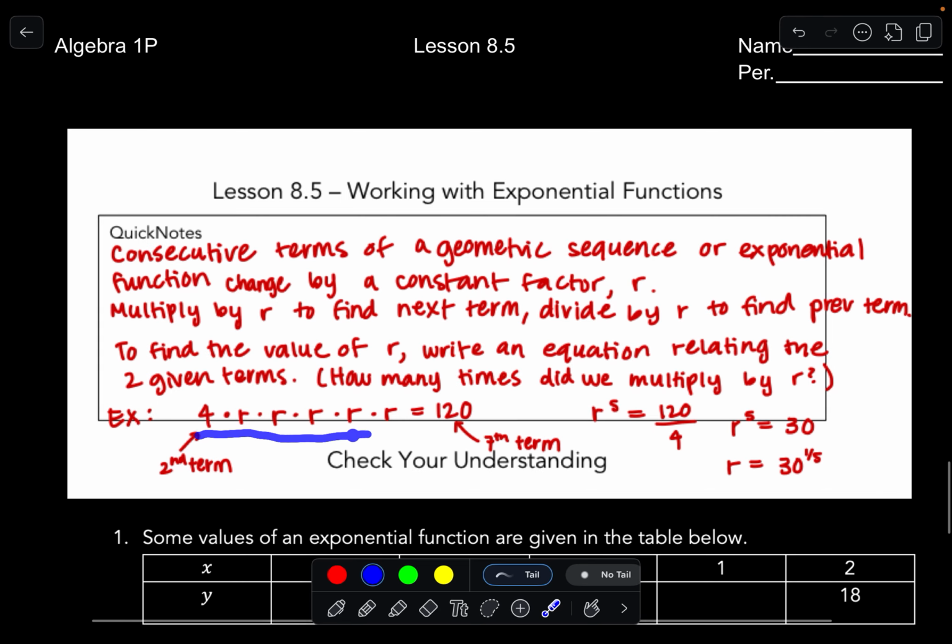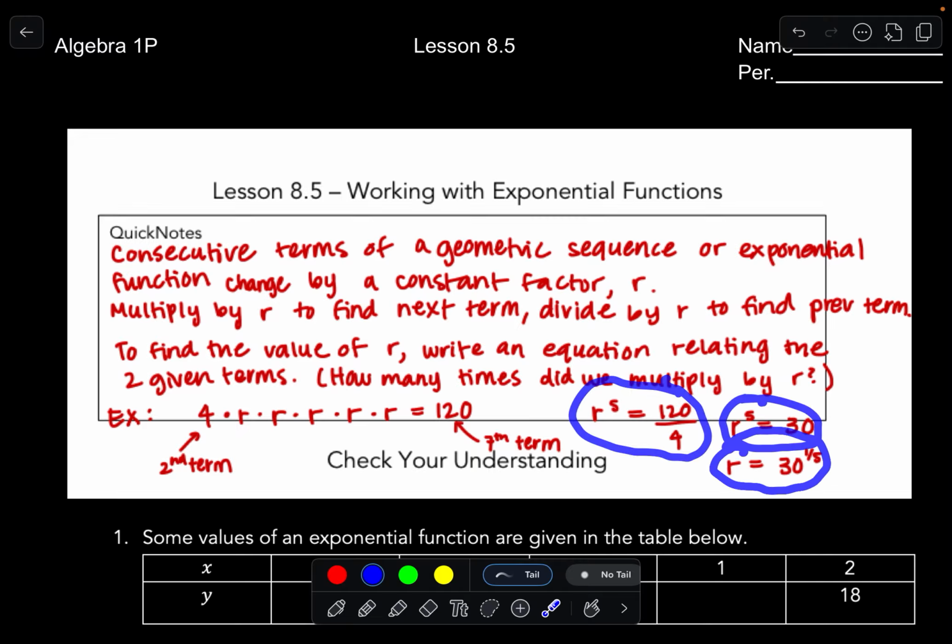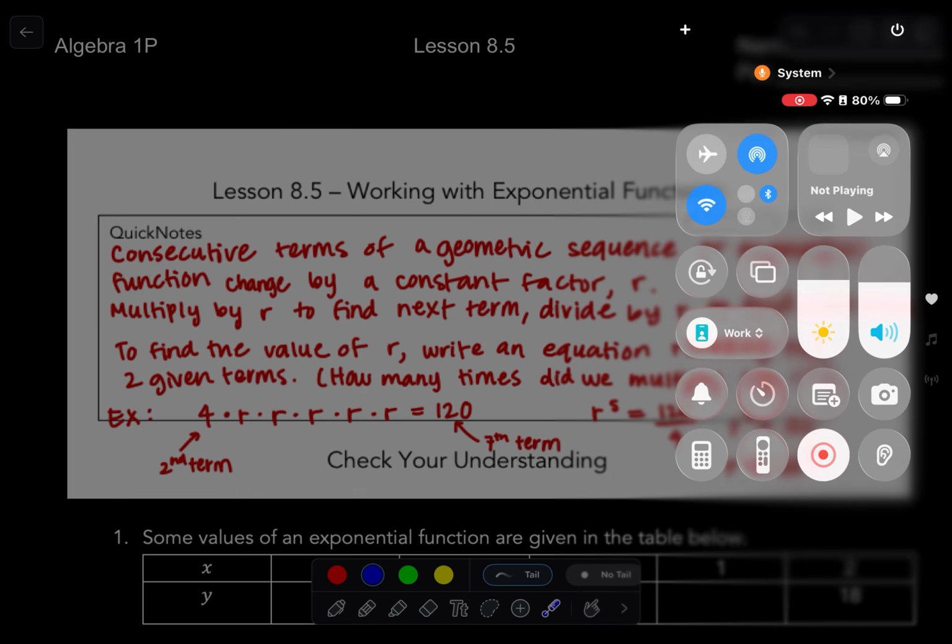So we solve this equation, which would be 4r to the fifth power, because there are 5 r's, equals 120. You get r to the fifth equals 120 divided by 4. 120 divided by 4 is 30, so r to the fifth is 30. r equals 30 to the 1/5 power. And then you would use your calculator to get the ugly decimal. I hope that made sense.